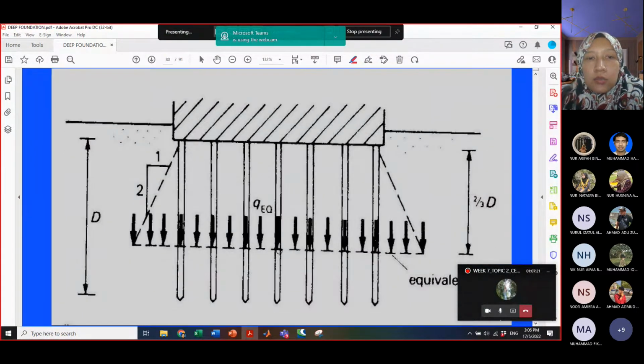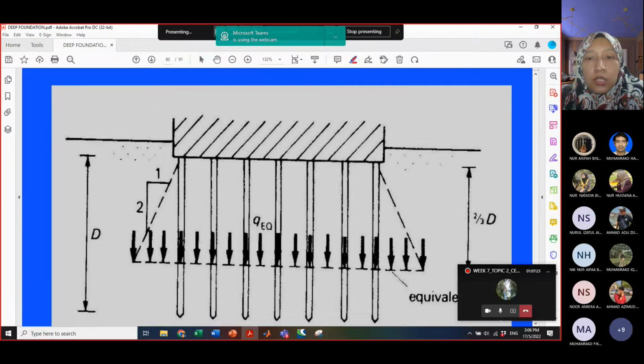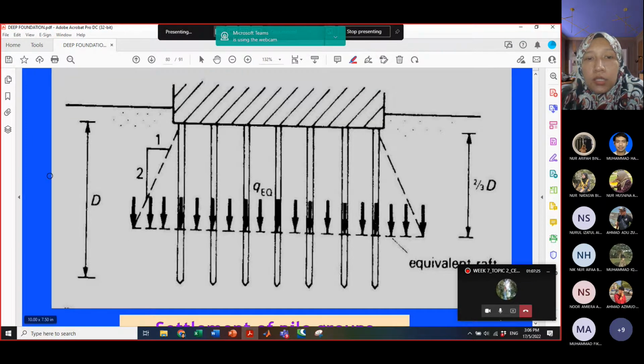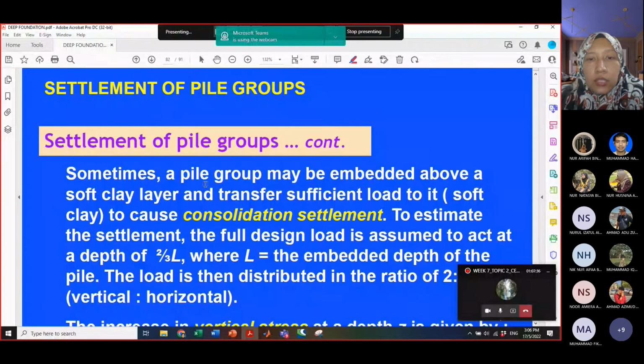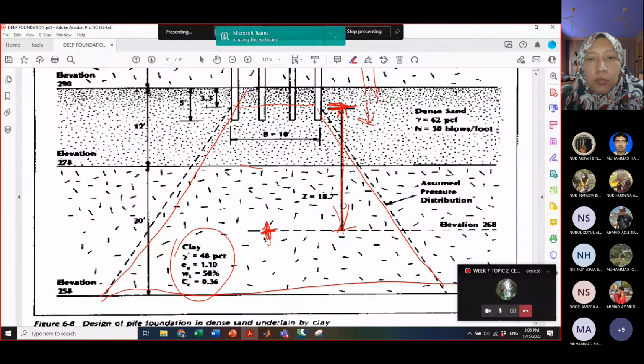So that's why I said just now, the question earlier actually already covered the settlement calculation. If it's settlement at 2/3 of the depth, how much is the effect. And the thing is that when we calculate settlement, we take the middle or the center layer of the clay.